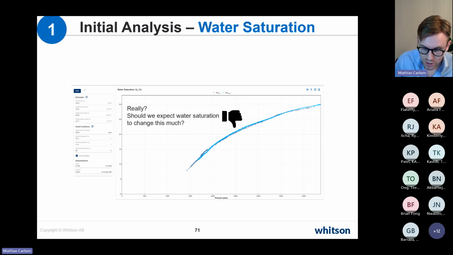Probably in the single digits, even if you have frac water in the model there, single digits max. So this was something that these guys thought, okay, this sounds not right. So we need to go back to the drawing board.